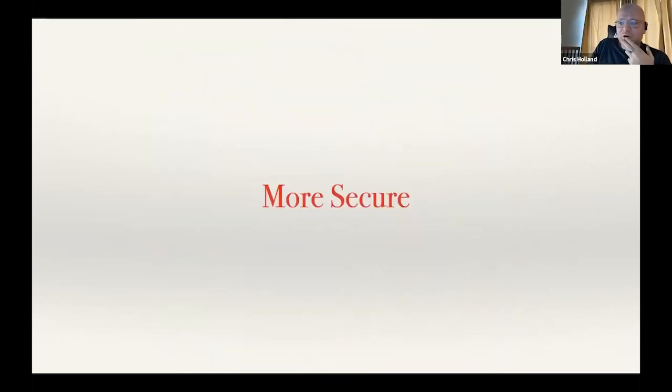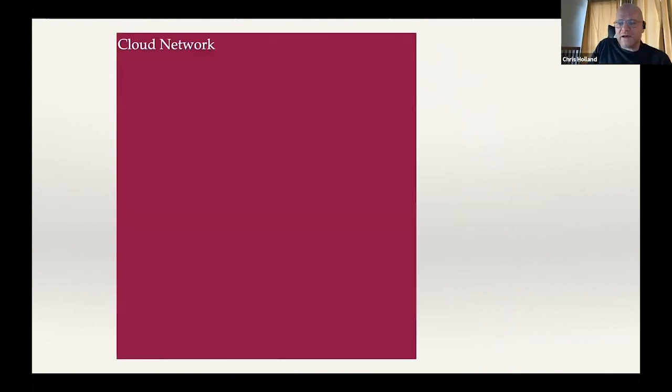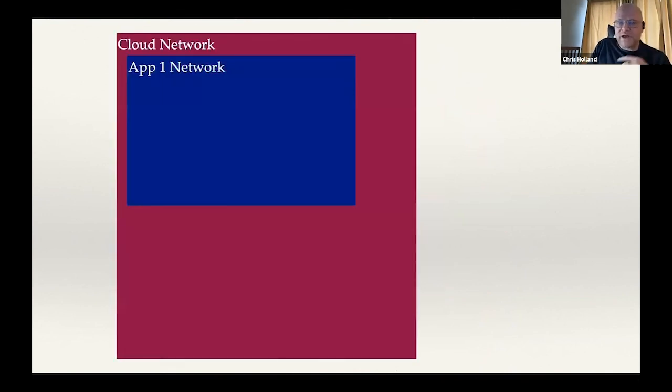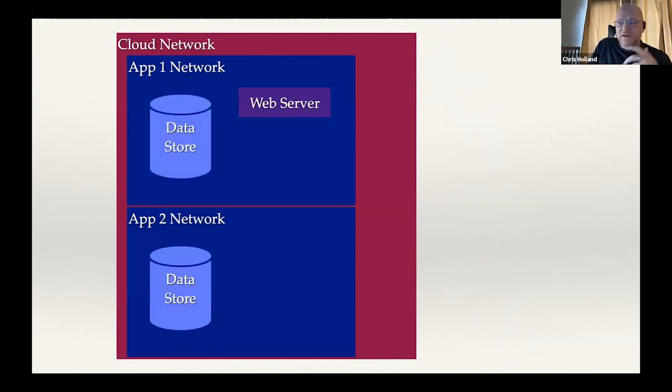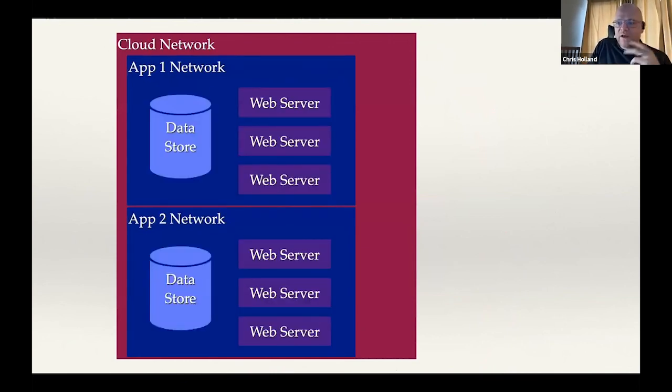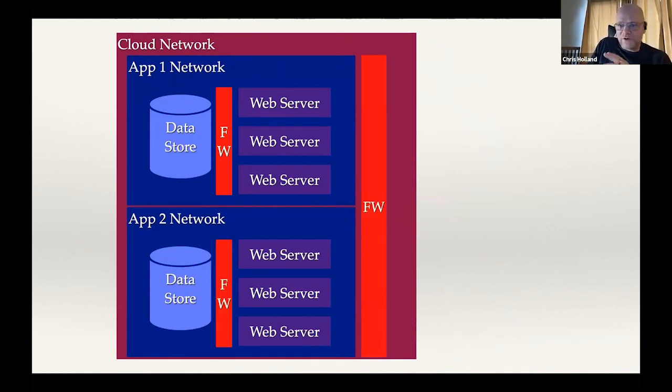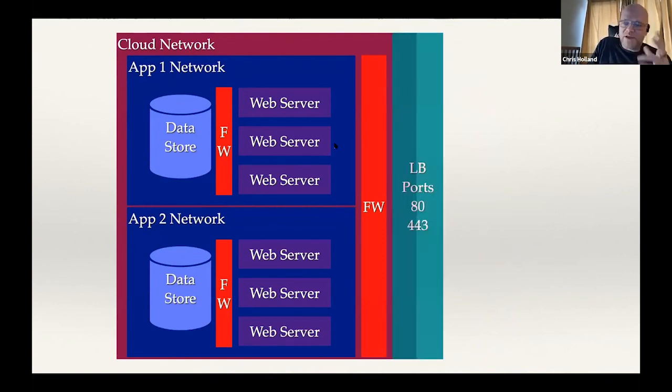So a more secure way to look at it would be to have a bit of network segmentation, where you have a network for your first application, a network for your second application, you have your data store, you have your web servers, and you put a firewall between the two, so only the web server can talk to the data store. And then you have a firewall in front of each network. And then you have your load balancer that can only communicate very specifically through the firewall, through the layers below it.